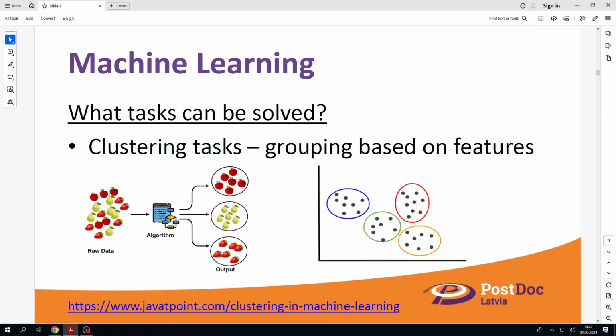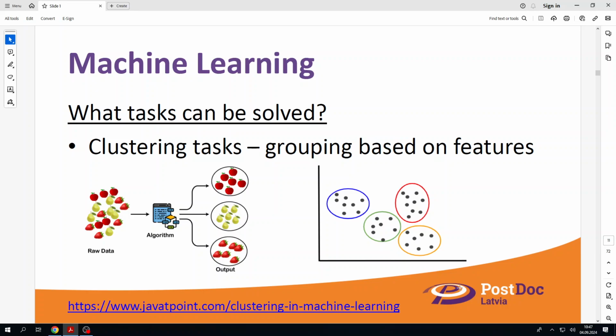In this case, it's very similar to classification, except that you do not have a mark on each apple saying that this is an apple. The algorithm itself has to find similarities between objects and separate them into groups or clusters, and hence the name of this task group, clustering tasks.